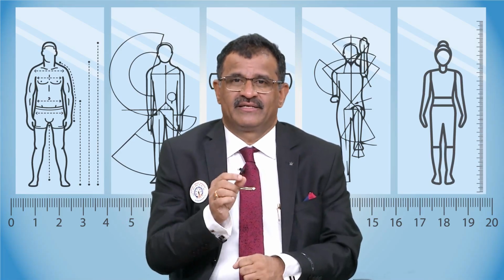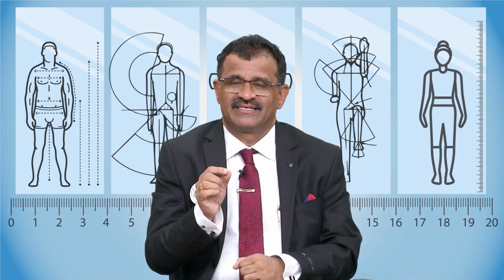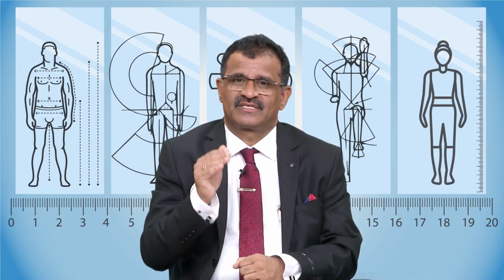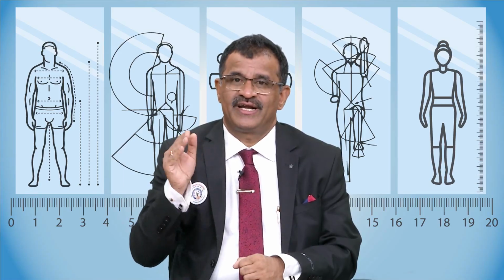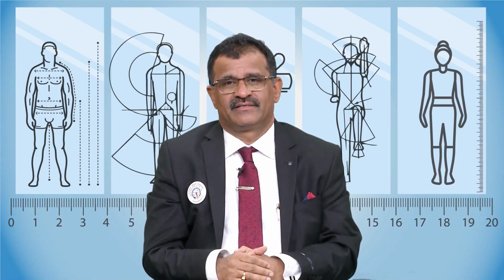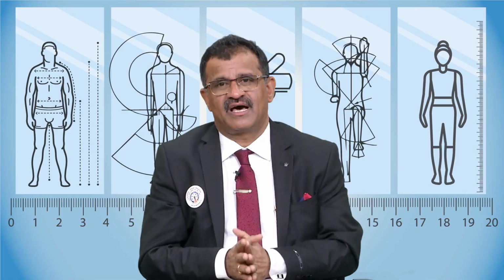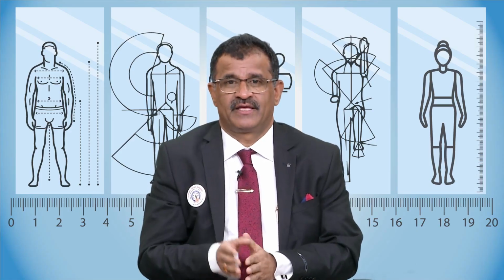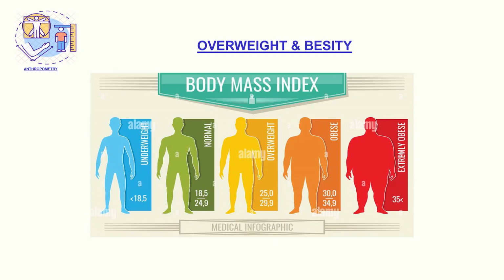And when the body mass index goes from 30 to 34.9, such persons are termed as obese. Here you can see a person in orange color who is obese.